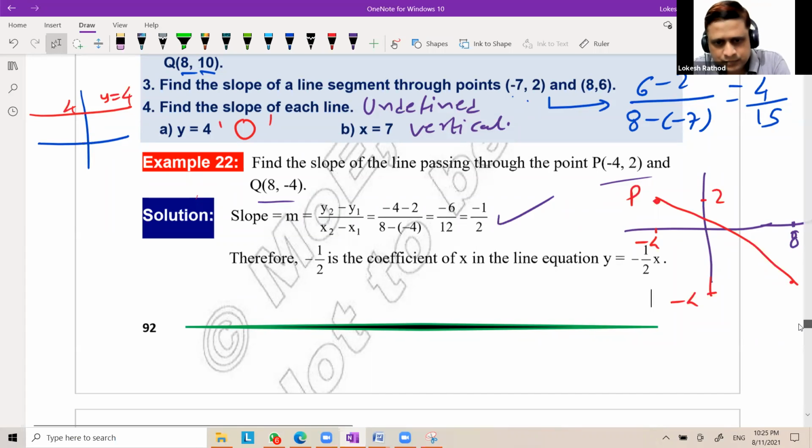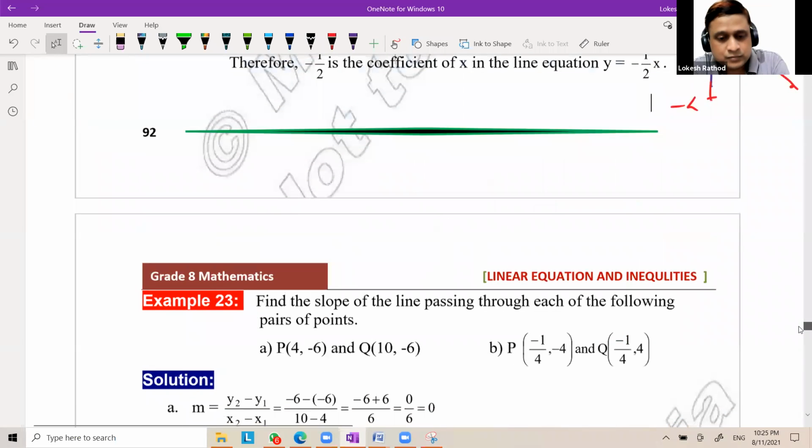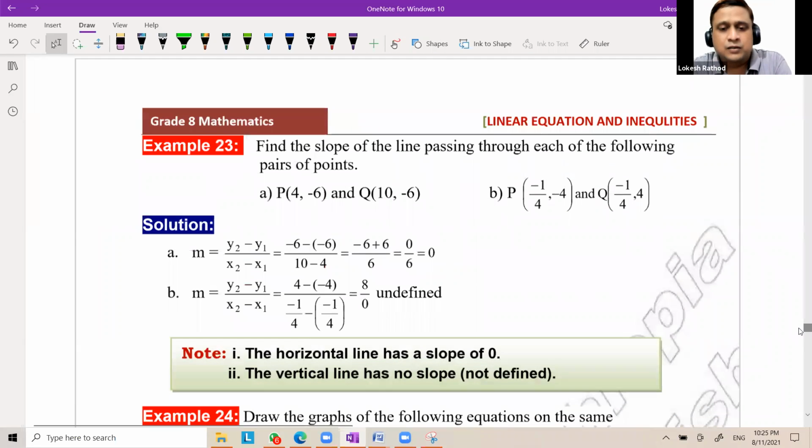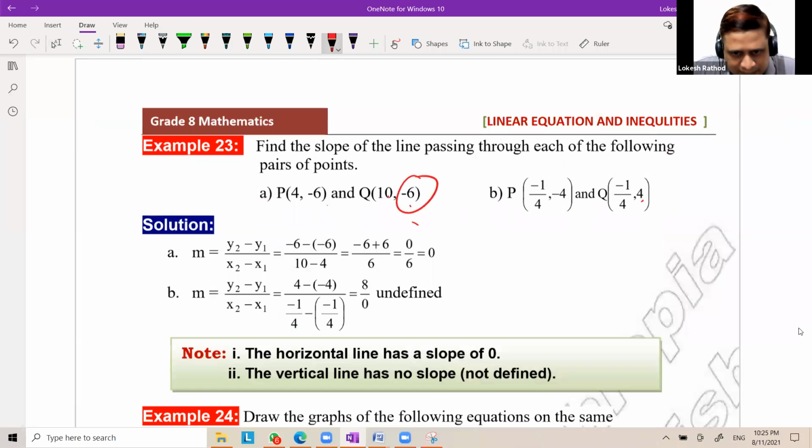Next is find the slope of the line passing through each of the following points. Again, same thing, right? By difference of y coordinate over difference of x coordinate. Here, as you can see, the y coordinate is the same, which means it's a horizontal line.